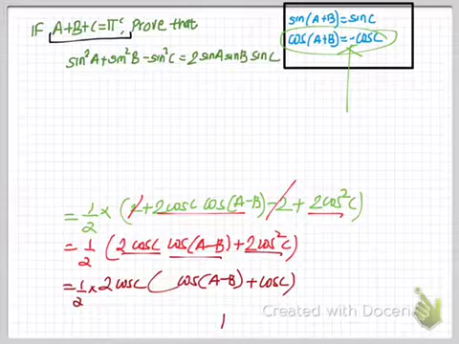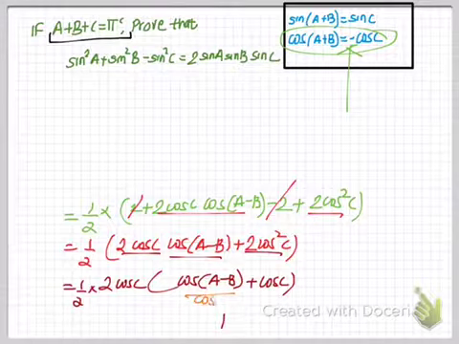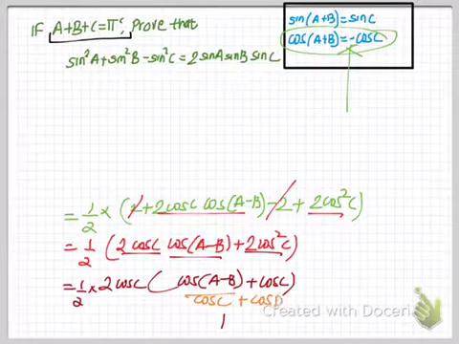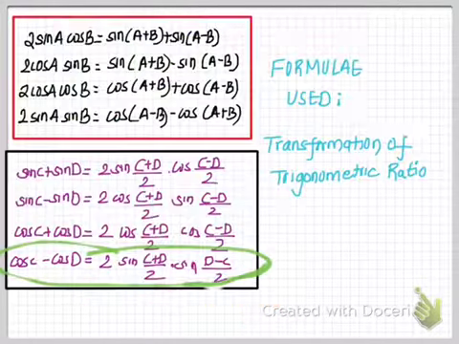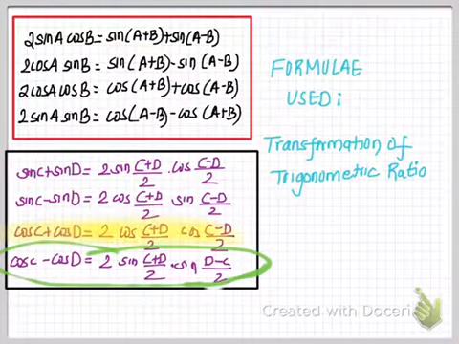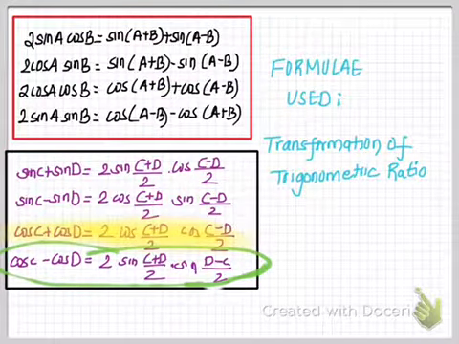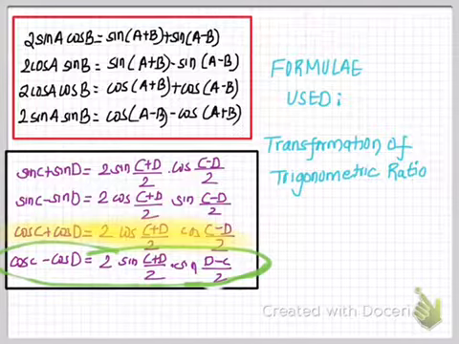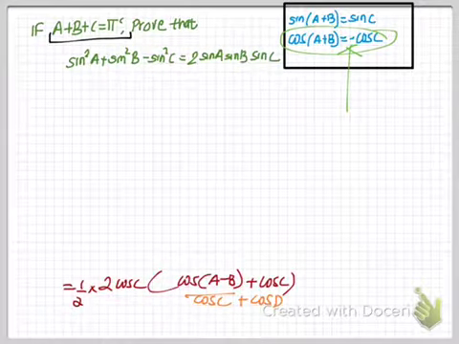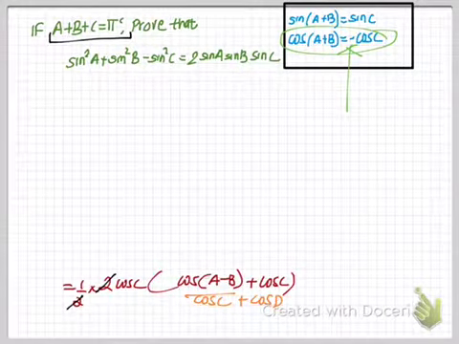Now I can apply the formula for cos c plus cos d once again, and then we know that cos c plus cos d is equal to 2 cos c plus d by 2 dot cos c minus d by 2. So let me apply the same formula here, but first let me cancel this 2.